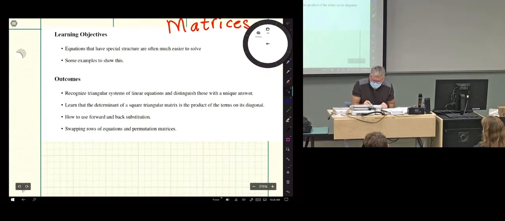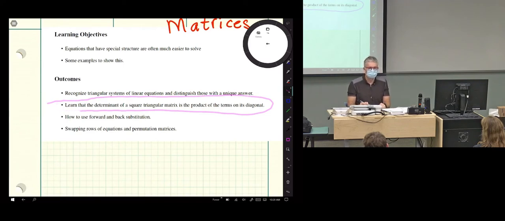So we want to recognize what are triangular systems. We want to understand when we're in the case of a unique answer, and the answer about uniqueness is going to be super easy, because we'll find out that when we understand what this thing called a triangular matrix is, the determinant is just the product of the elements on the diagonal.